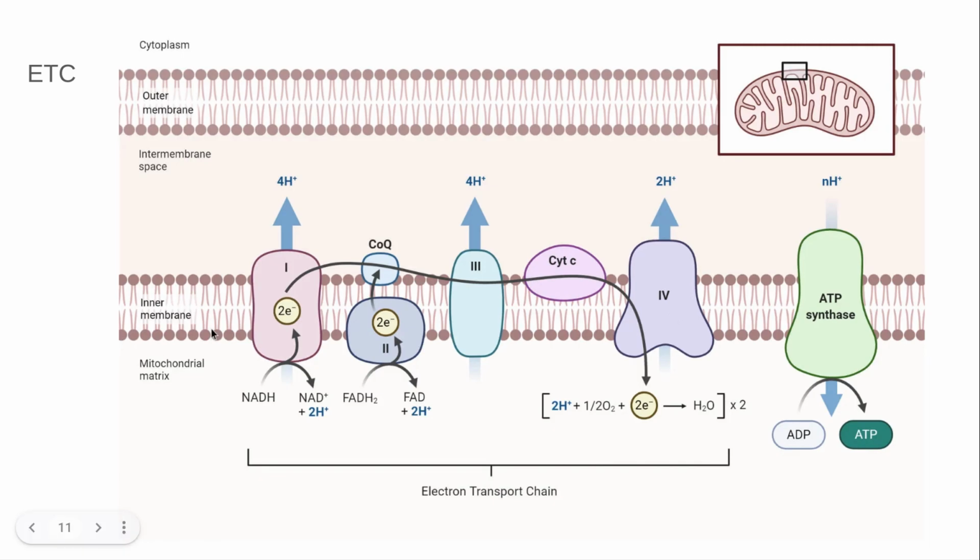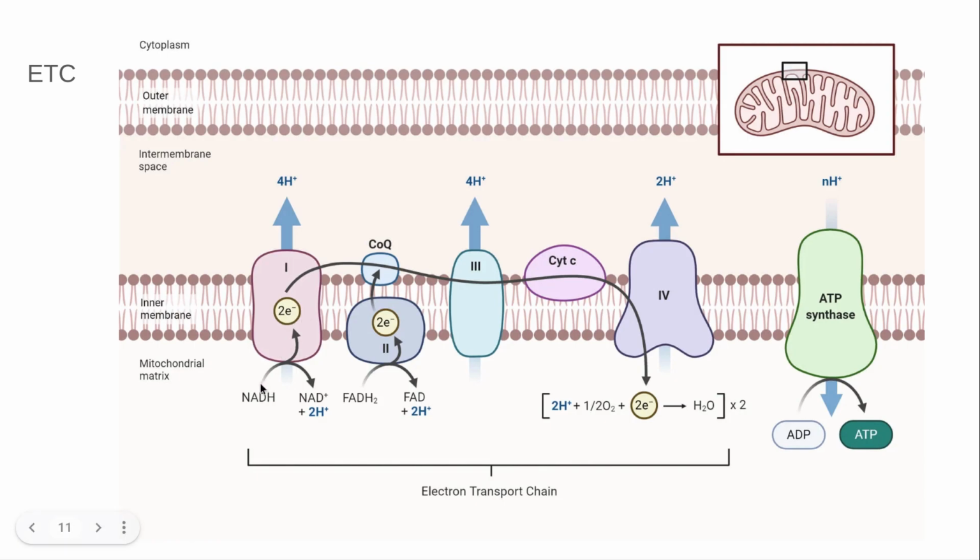Now complex 1 is able to... quick step back. NADH is going to break down into NAD plus, 2 electrons, and 2H plus. NADH breaks down into NAD plus, protons, and electrons.